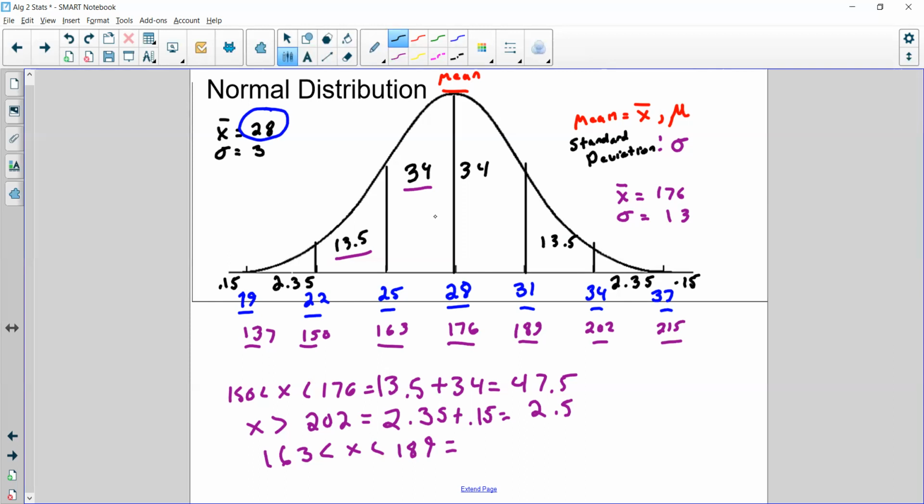It's what we did yesterday, but you had to find the numbers first before you could do anything. This answer will be the answer to that question. Do you know it? 68. Good. 34 plus 34. Answer that bonus question. This is 68.